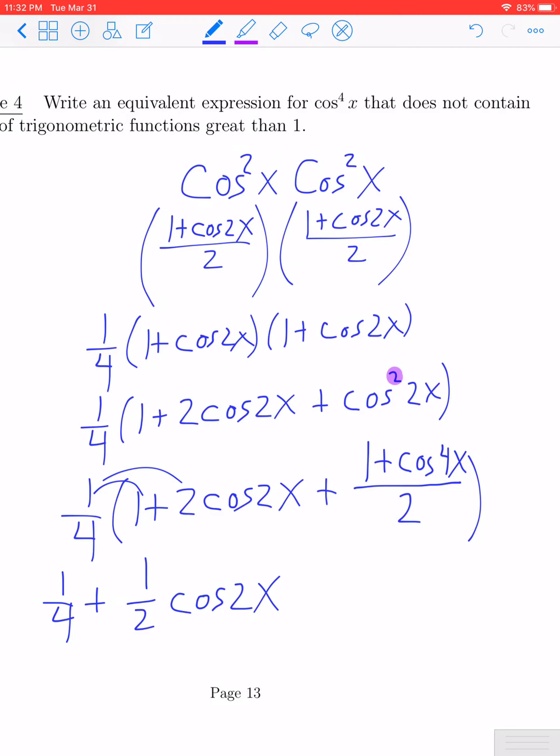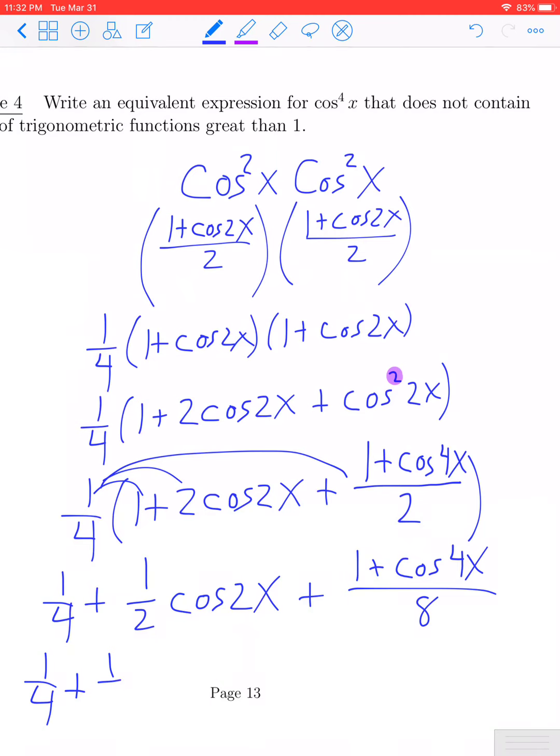Then 1/4 times this term will be plus 1 plus cosine of 4x, all divided by 2 times 4, which is 8. I can split that numerator apart so I can combine like terms. I have 1/4 plus 1/2 the cosine of 2x plus 1/8 plus 1/8 the cosine of 4x.